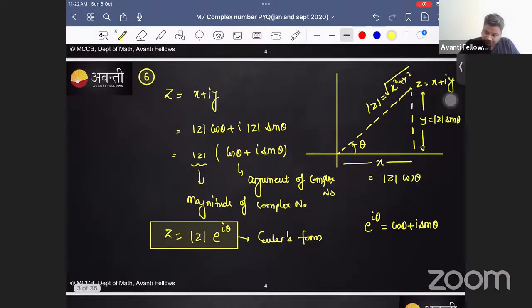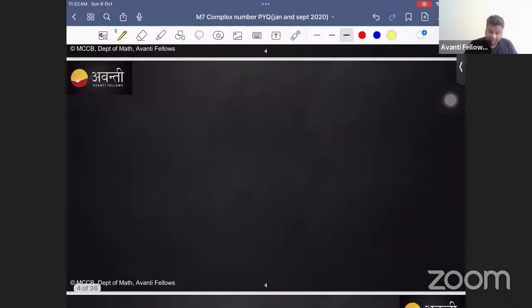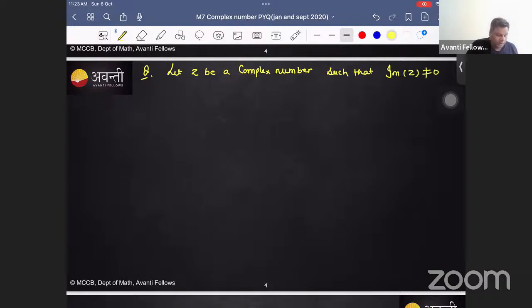See, a question is, this is a question from JEE Advanced once upon a time in 2012. Let Z be a complex number such that the imaginary part of Z is not equal to 0 and A is Z² + Z + 1 is real.